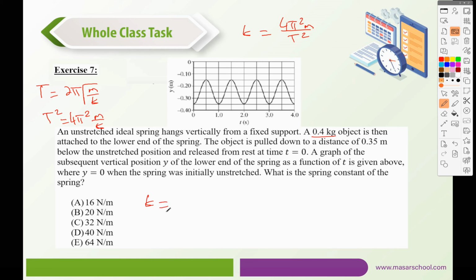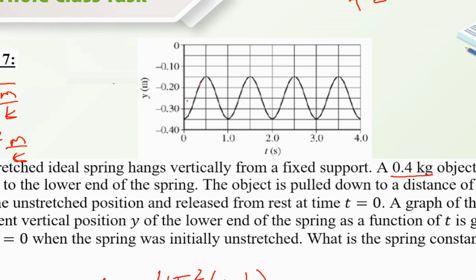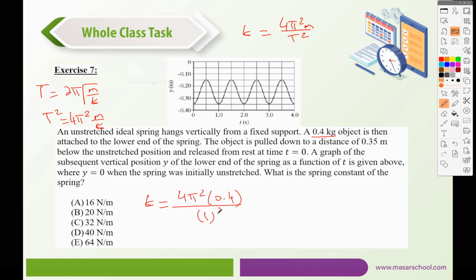Now here we're not interested in the amplitude. k is given by 4 pi squared, the mass is 0.4. Now what about the period? It's apparent that it is 1 second, because this is an amplitude, 2, 3, 4, so 1 second.